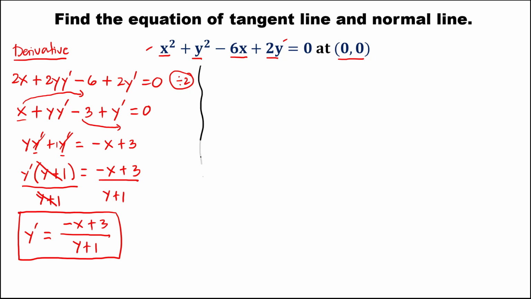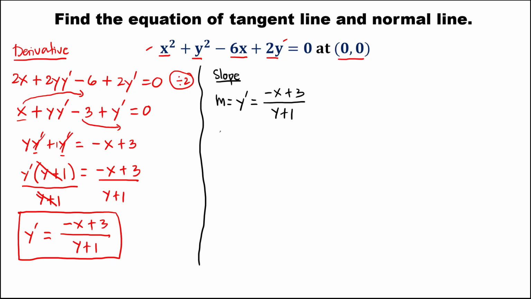Then from this first derivative, we can now find the slope. Take note that the slope is equal to the first derivative, which is negative x plus 3 over y plus 1.